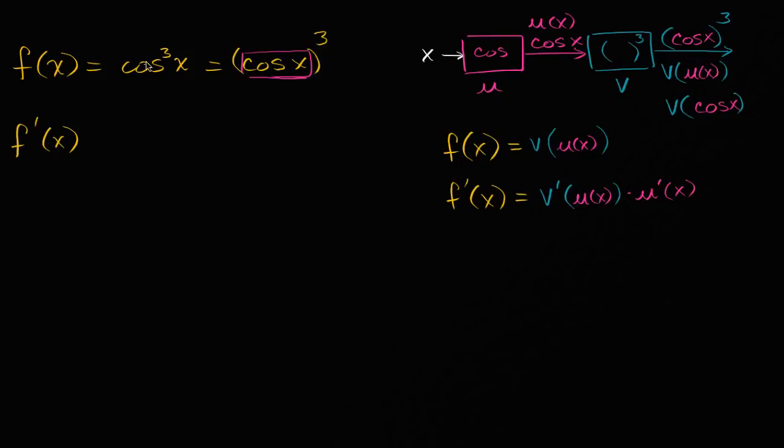And so how do we evaluate it in this case? Let me color code it in a similar way. So the v function, this outer thing that just takes things to the third power, I'll put in blue. So f prime of x, another way of expressing it, and I'll use more of the differential notation, you could view this as the derivative of v with respect to u.